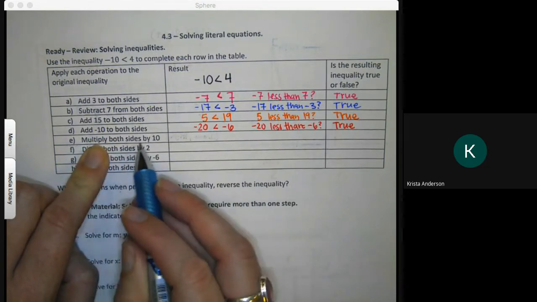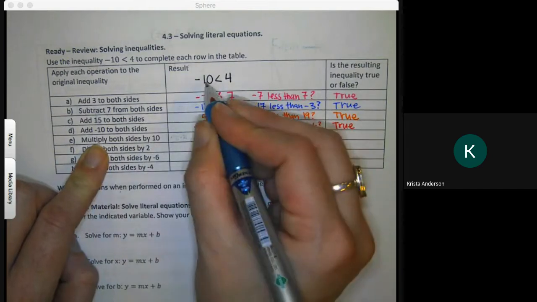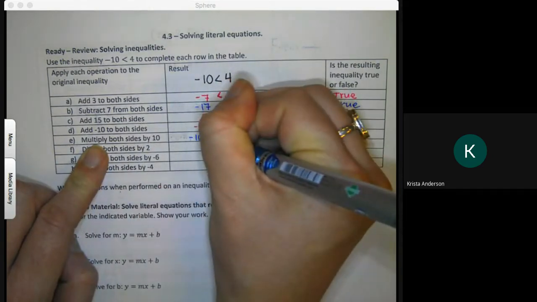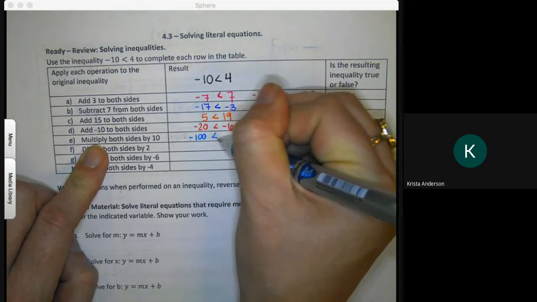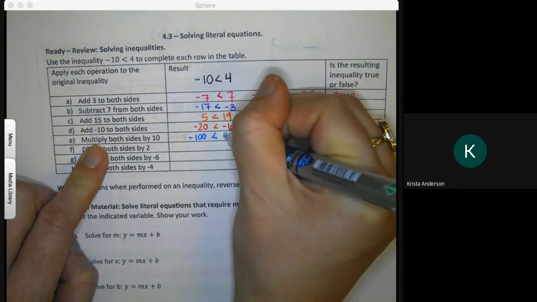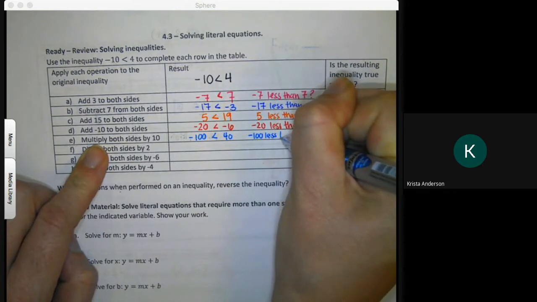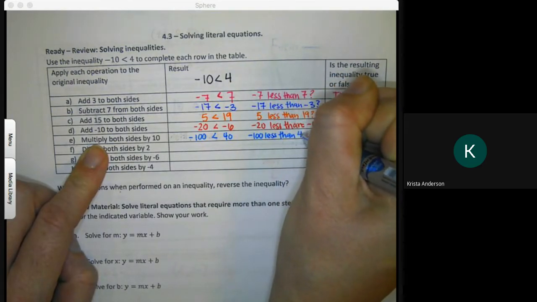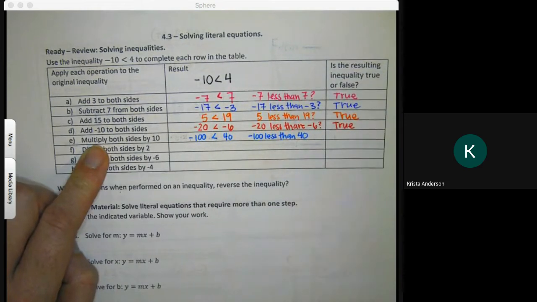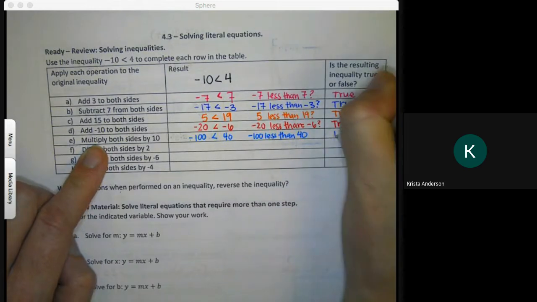Multiply both sides by 10. -10 times 10 is -100. 4 times 10 is 40. Is -100 less than 40? True.